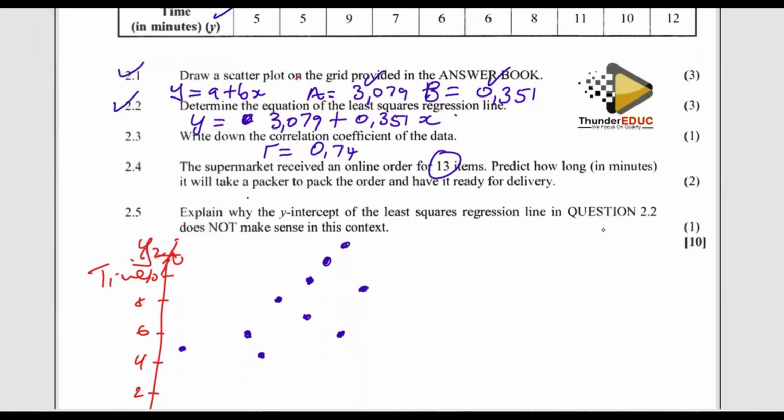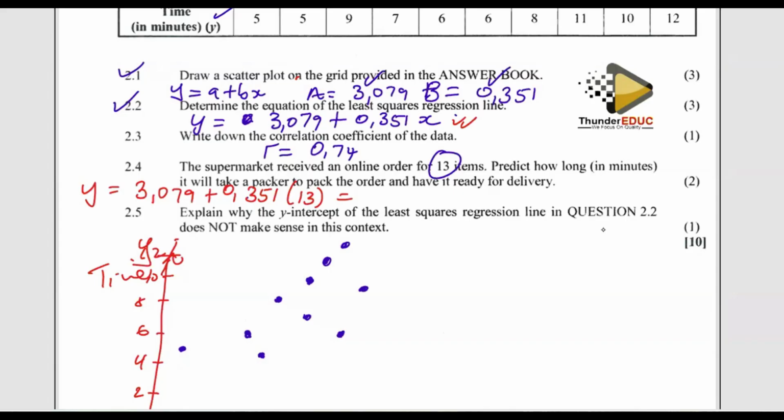So we have to use this regression equation of ours, meaning that is 3,079 plus 0,351 multiplied by 13. If I were to use, let's say, that other one with just the 2 decimals, what would be my answer?